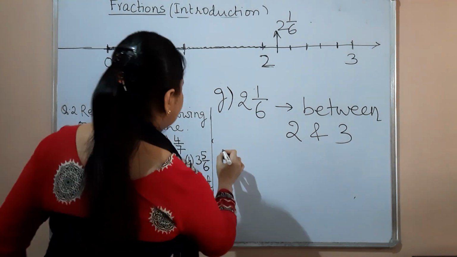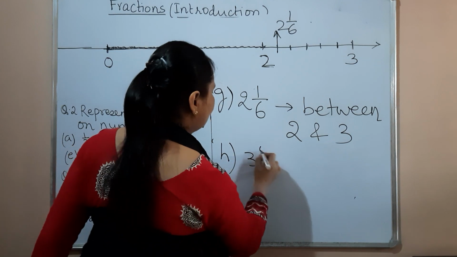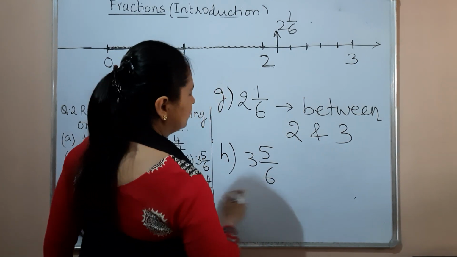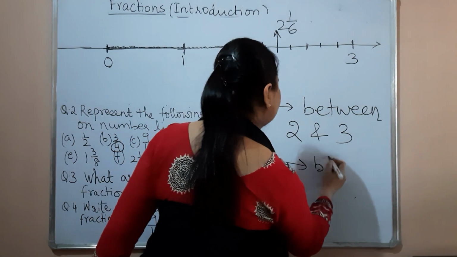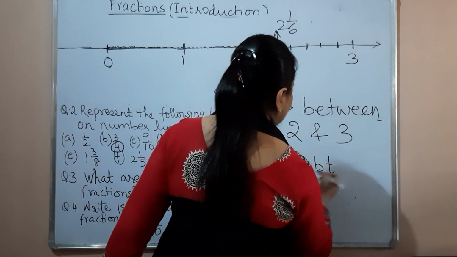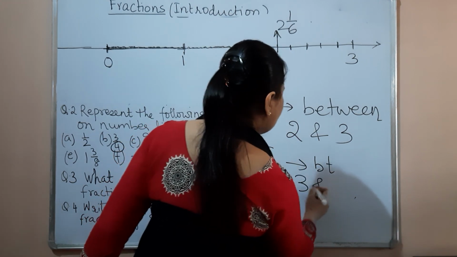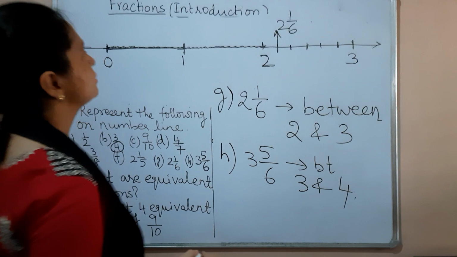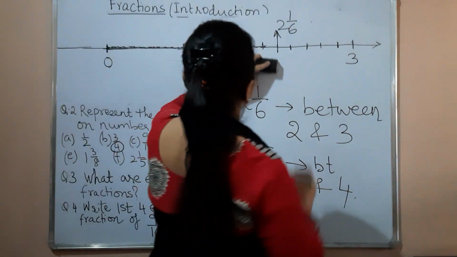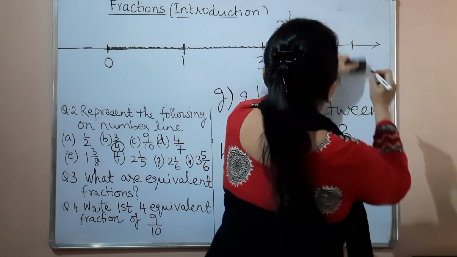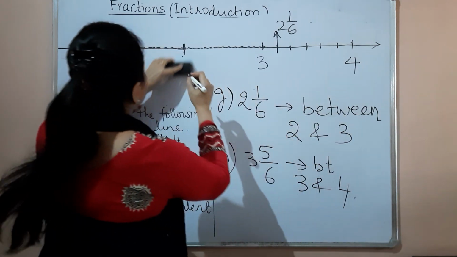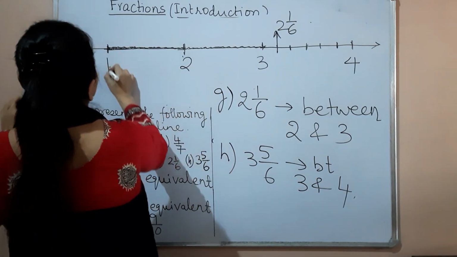it is H, 3 whole 5/6, and it means it is between 3 and 4, right? Now suppose I change this 3, this is say 4, this is say 2 and this is 1.